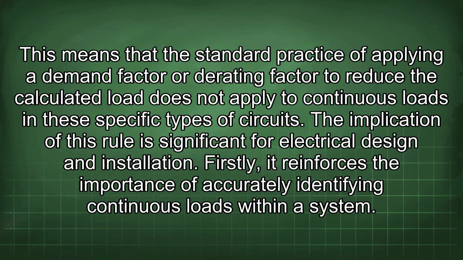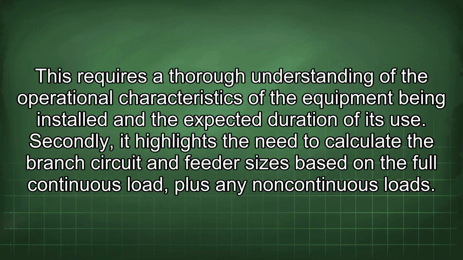The implication of this rule is significant for electrical design and installation. Firstly, it reinforces the importance of accurately identifying continuous loads within a system. This requires a thorough understanding of the operational characteristics of the equipment being installed and the expected duration of its use. Secondly, it highlights the need to calculate the branch circuit and feeder sizes based on the full continuous load, plus any non-continuous loads.